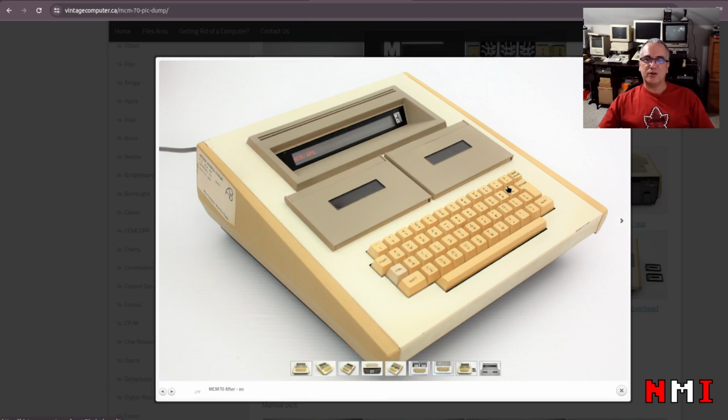And I'm going to tell you, I am a C guy, and I never heard of APL until, I don't know, a few years ago. But I never really looked into APL. It was only when I decided to do more research on the MCM 70 that I started digging into APL, and I'm gonna tell you, it is mind blowing.